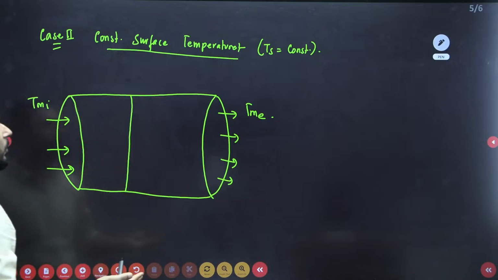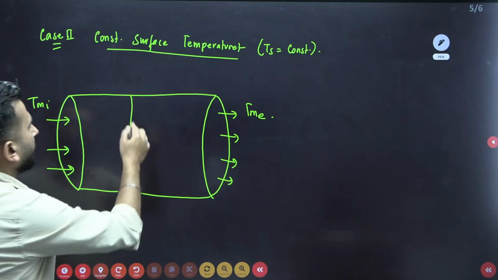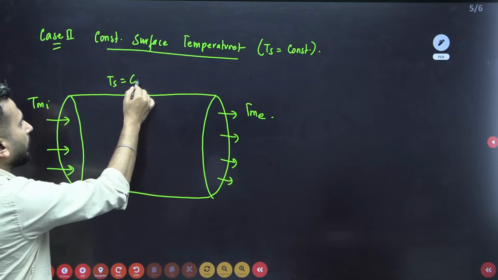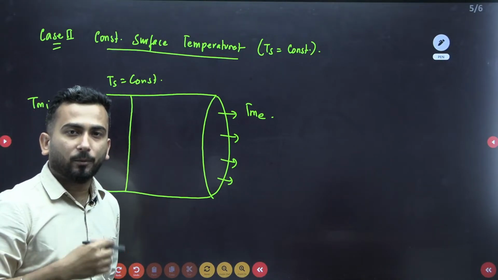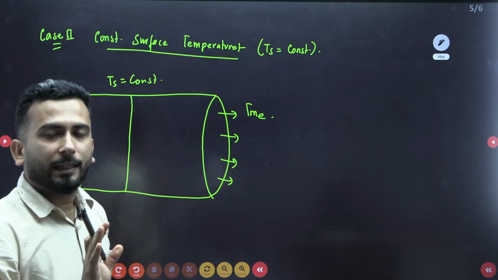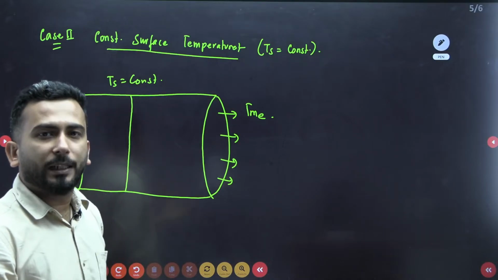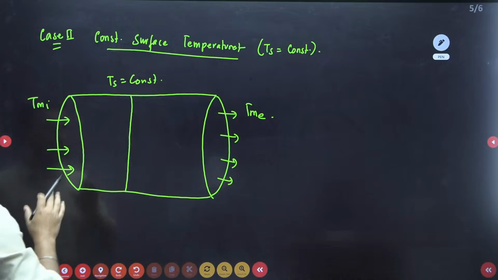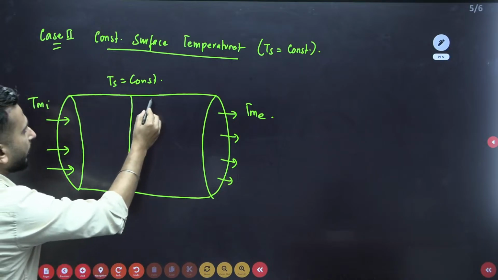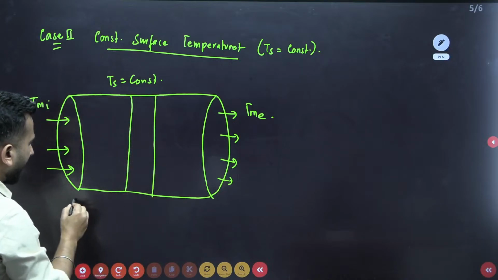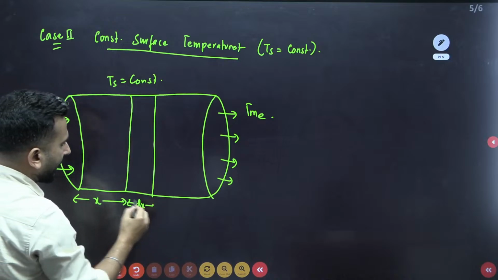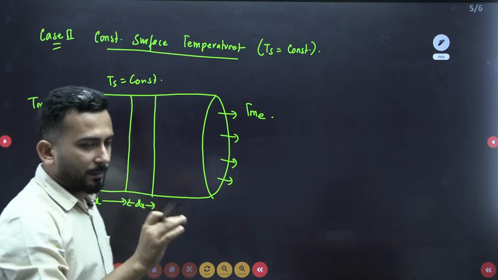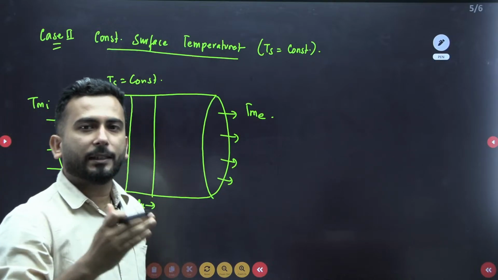Now, what do I want to see? Ts is constant. What do I want to find? I want to find that it is increasing, temperature will increase, but how it will increase, that is our purpose, that is our intention. So what I will do in this case, I will analyze a segment at any distance x. When something is varying, I always take the help of integration.